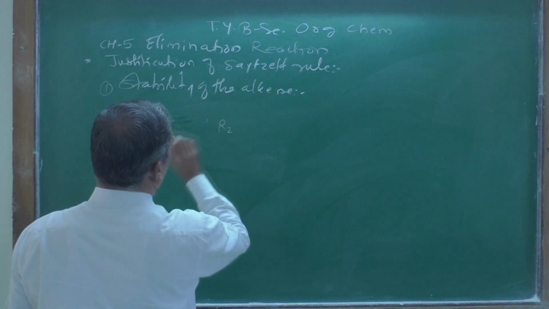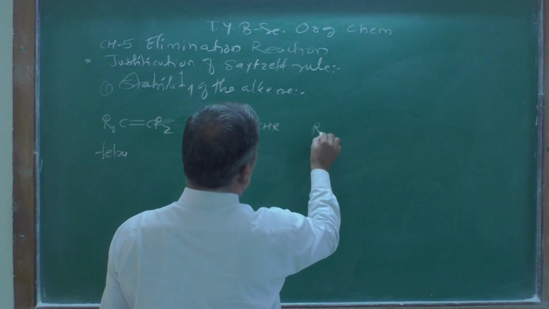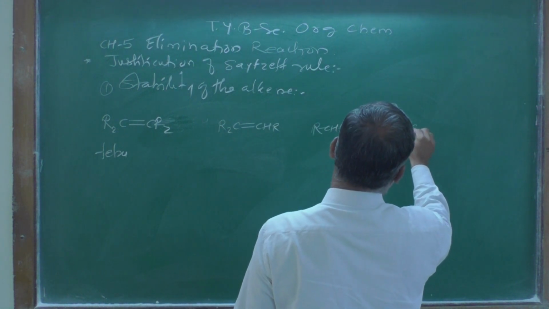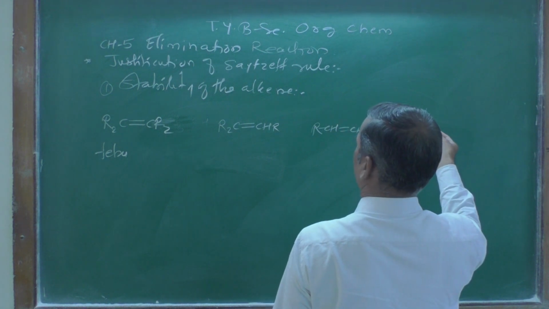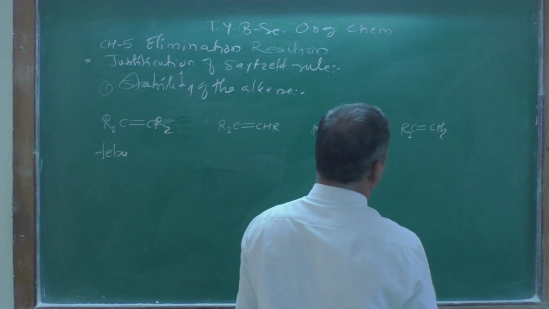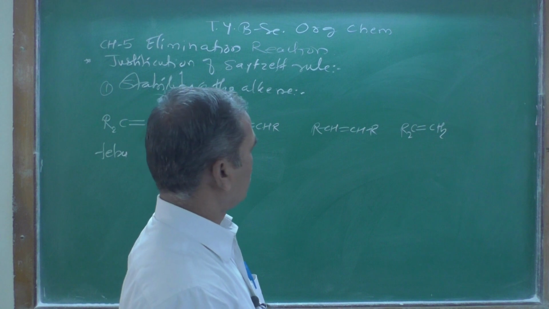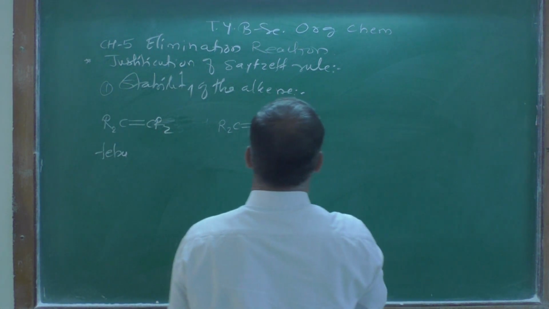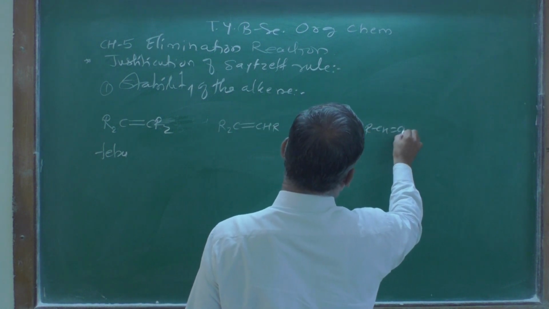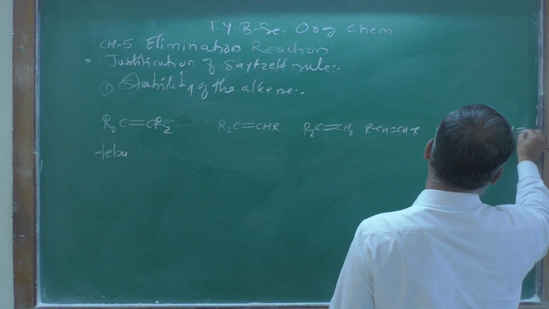Now I am writing here R2C=CHR, then again RCH=CHR, then again R2C=CH2, and then RCH=CH2, and here CH2=CH2. Let me make a correction here: R2C=CH2, RCH=CHR, then RCH=CH2, and here CH2=CH2.